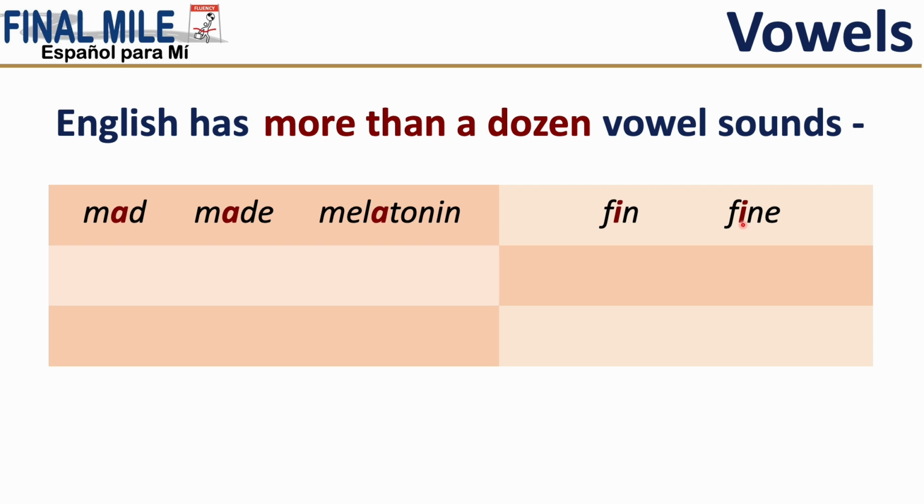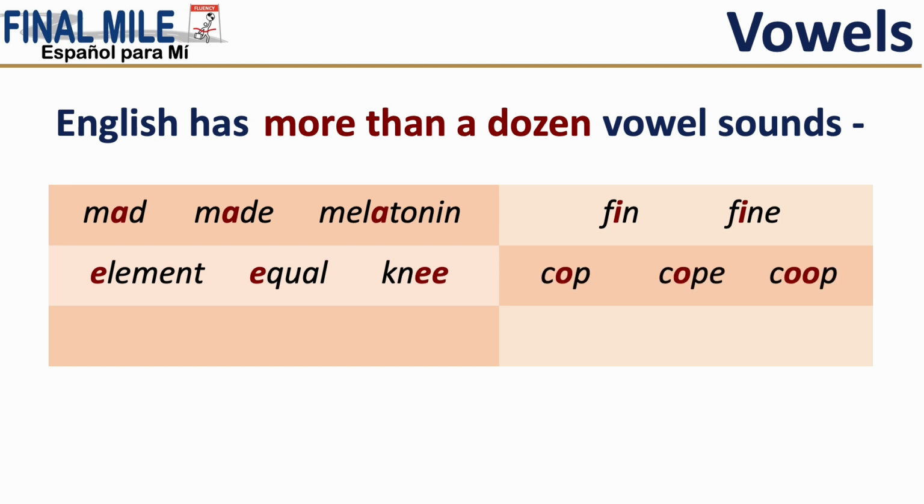Okay, neither one of them matches the sound of the letter I in Spanish, which is E. Okay, speaking of E, look at the letter E. Element, equal, and ni. Okay, they do not sound the same. The O. Cop, cope, coop.